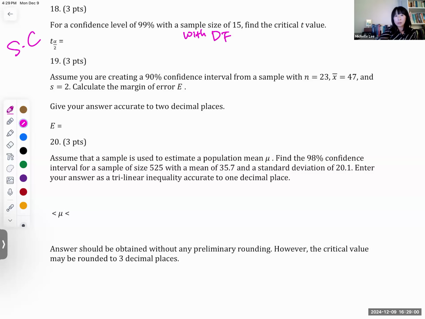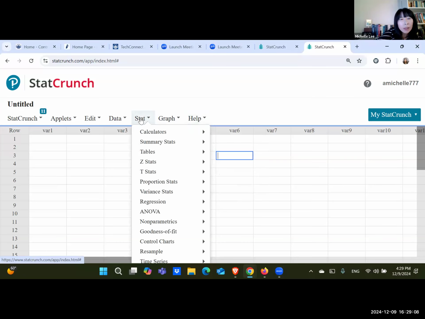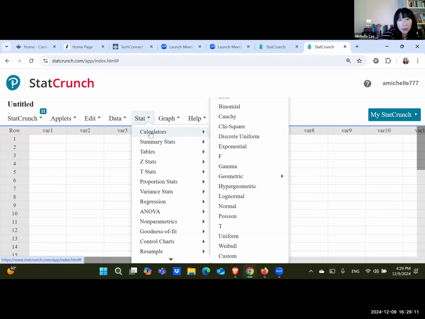Where's my cursor? Okay, so we go to StatCrunch, calculators, T distribution. Oh, I'm not showing. Okay, so StatCrunch calculator, T, click that.